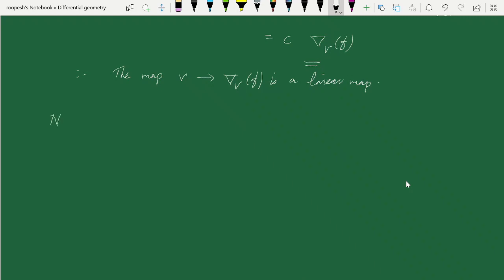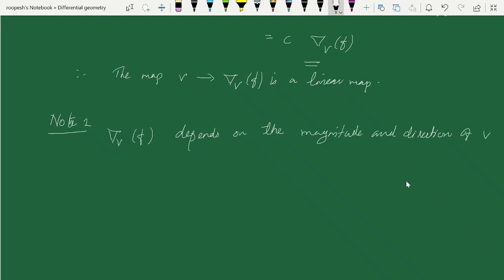Now we can note a few things. Note 1. Del v of f depends on the magnitude and direction of v. Note 2.